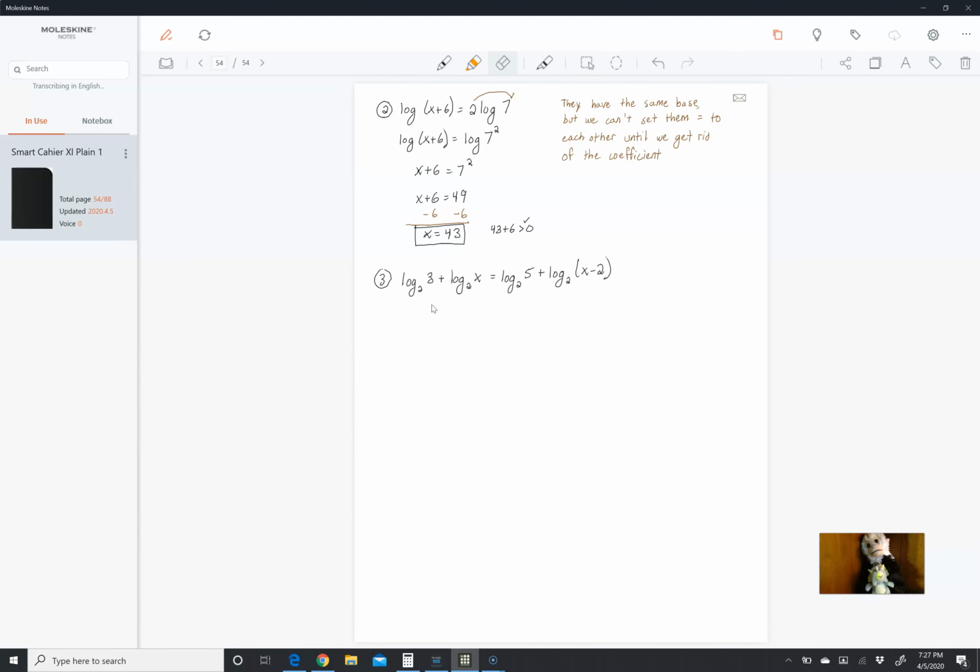We have to condense the logs on each side into one log. And the whole point of that is so that we could set them equal to each other in the end.